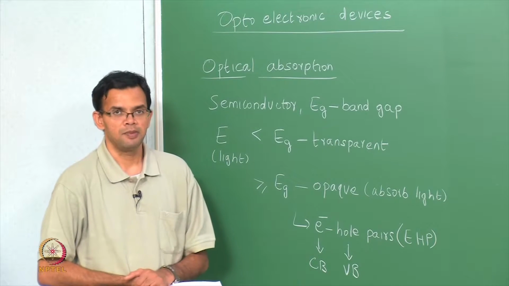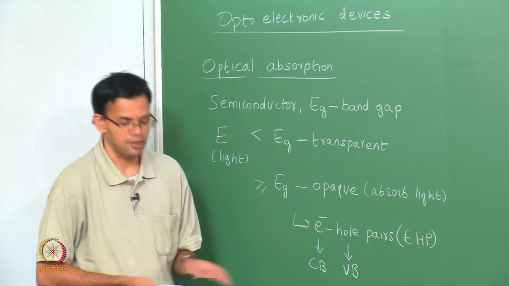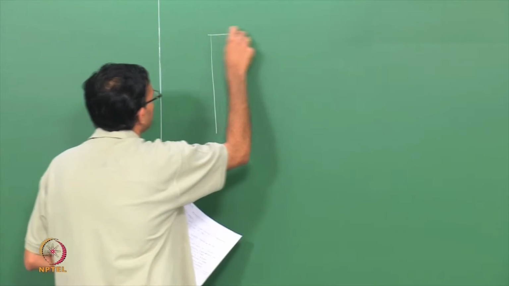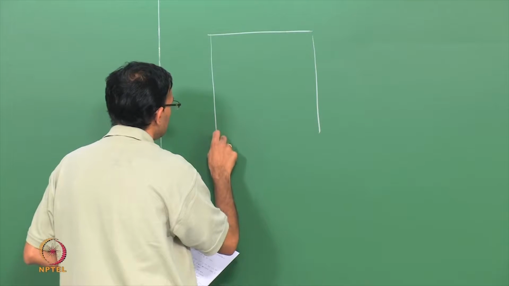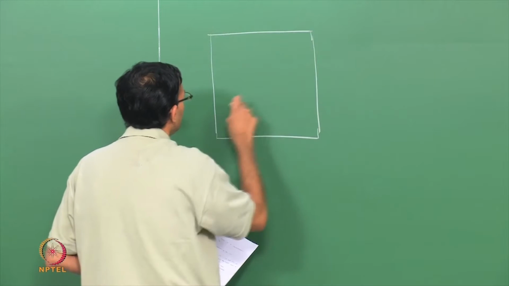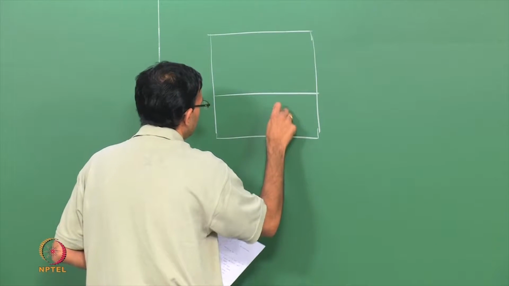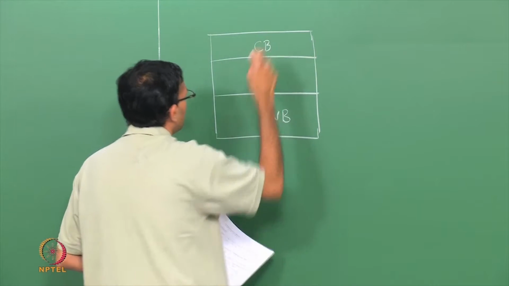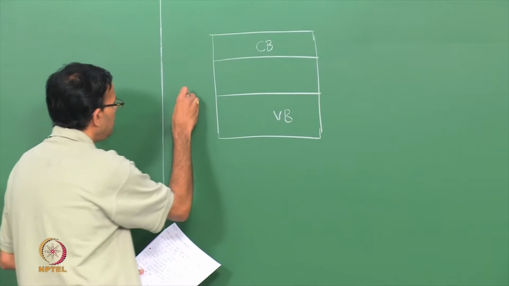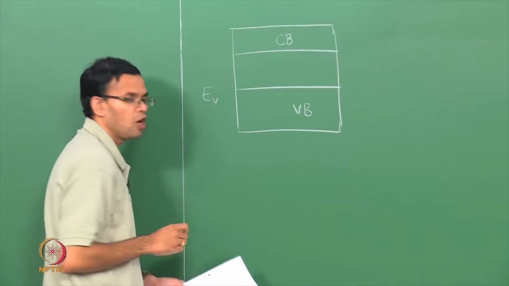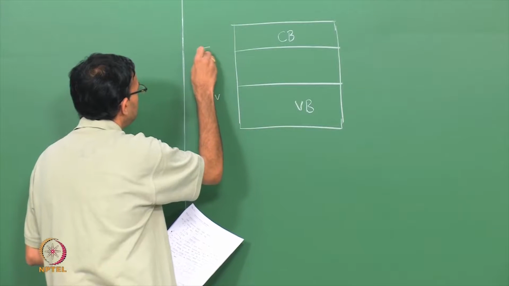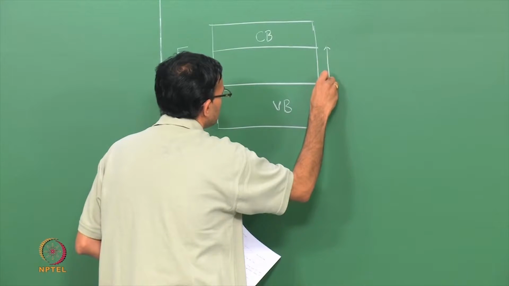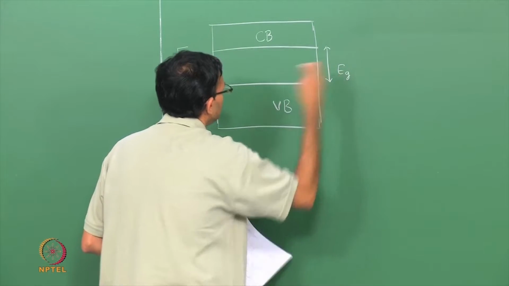Let me just explain this by drawing a small schematic. So, I have my semiconductor in which I mark a valence band and a conduction band. Ev is the top of the valence band and Ec is the bottom of the conduction band, so that this gap is Eg.